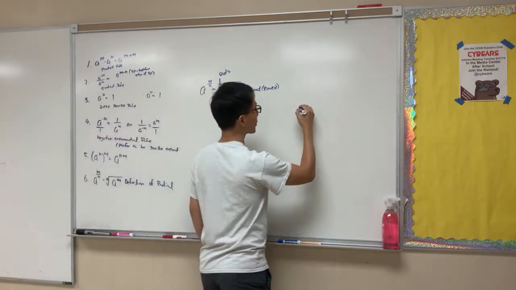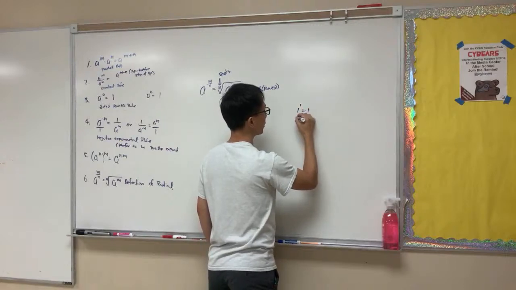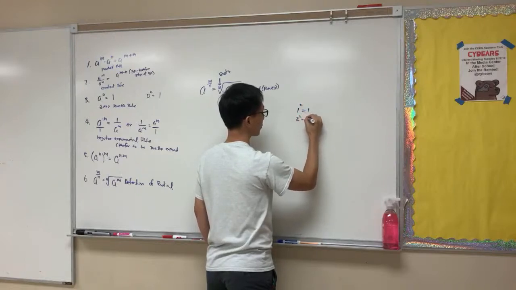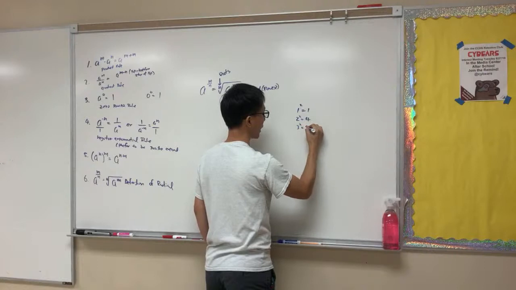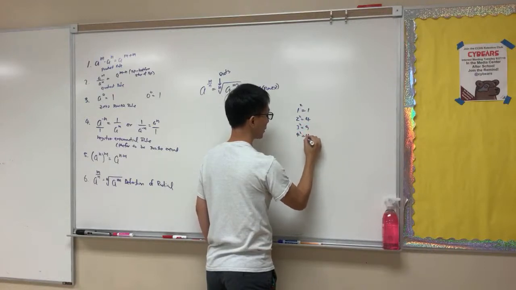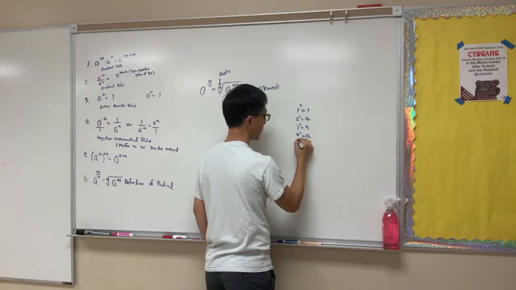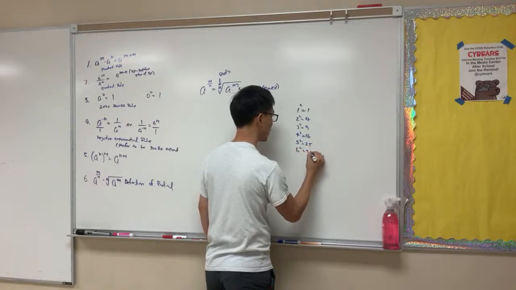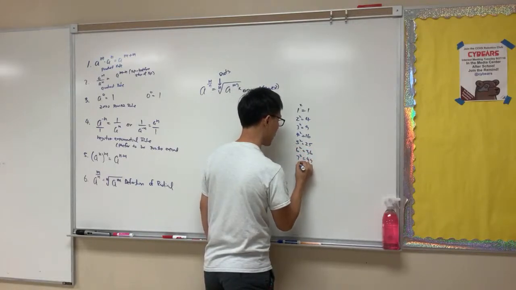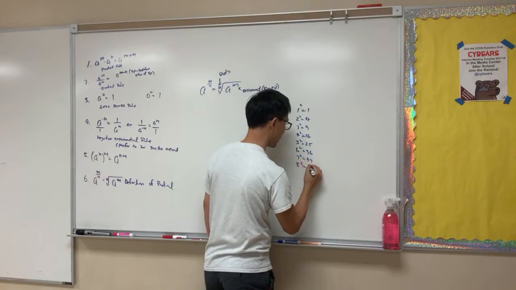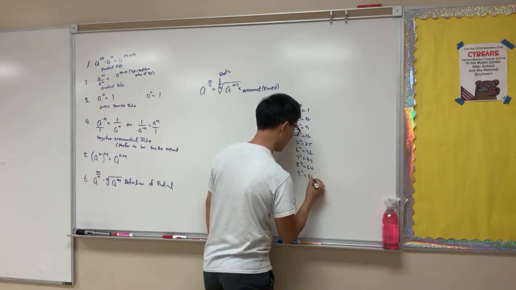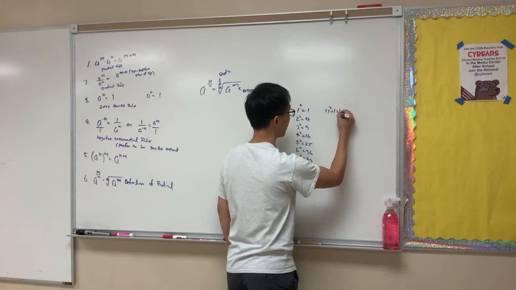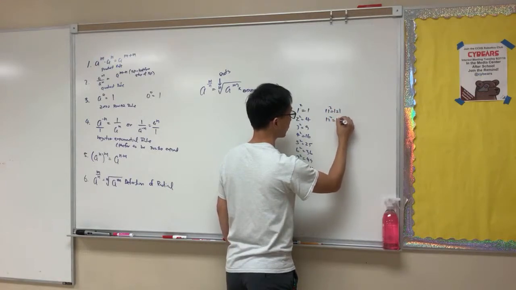So let's start with numbers. 1 to the 2 power is 1. 2 to the 2 power is 4. 3 to the 2 power is 9. 4 to the 2 power is 16. 5 squared is 25. 6 squared is 36. 7 squared is 49. 8 squared is 64. 9 squared is 81. 10 squared is 100. 11 squared is 121. 12 squared is equal to 144.